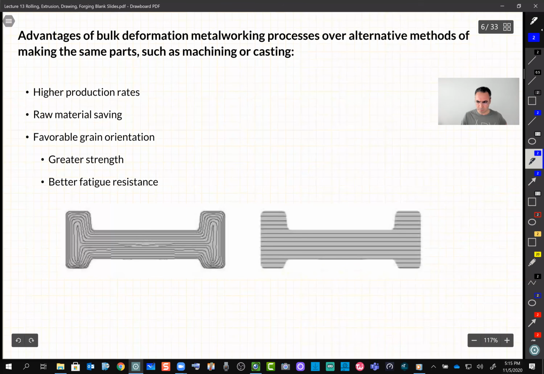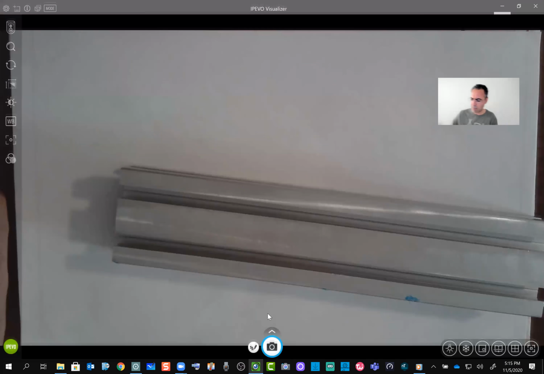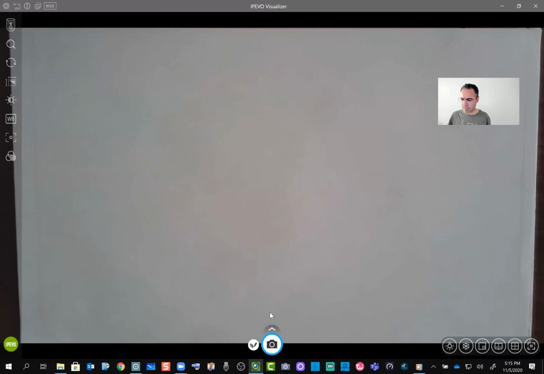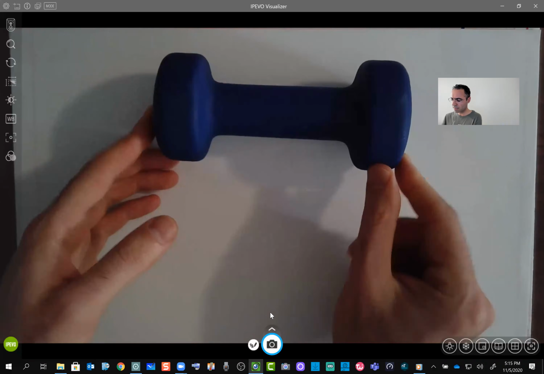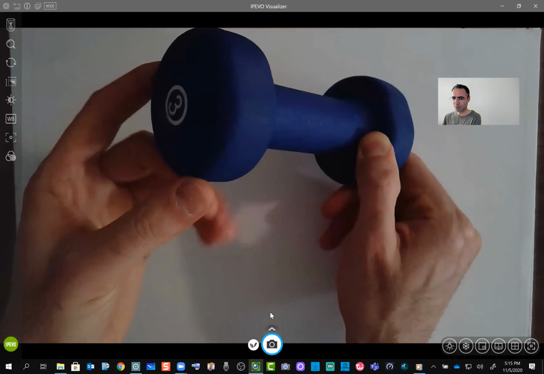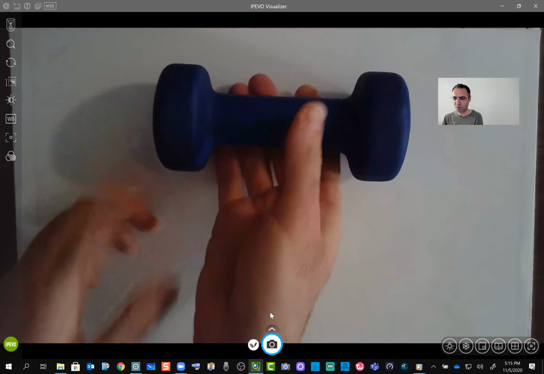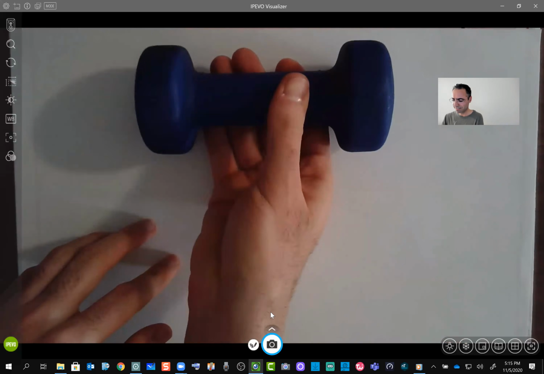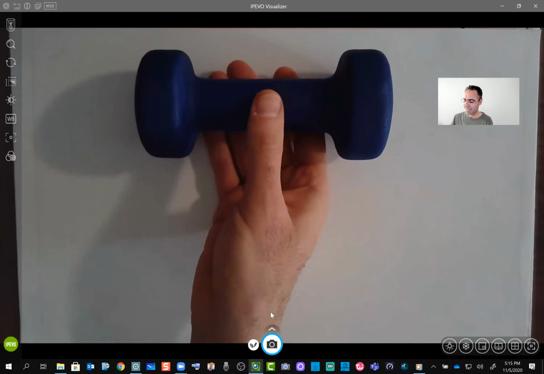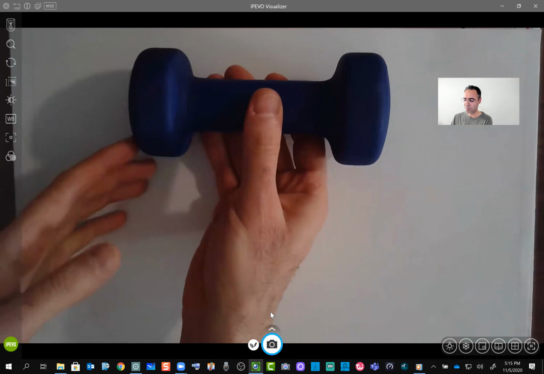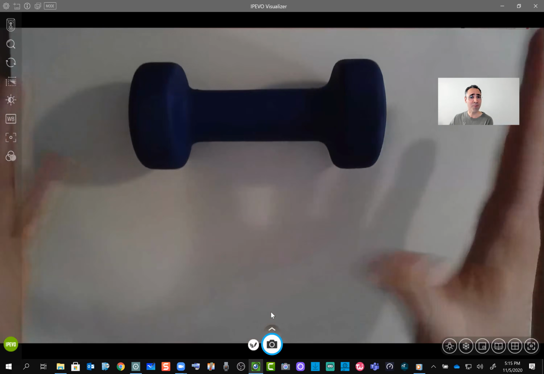For a moment, I'll switch to my document camera. Let's get rid of these aluminum extrusions. And this is a dumbbell that is only 3 pounds. Maybe you laugh, it's not the weight that I work out with, but I picked this one because it fit on my table.